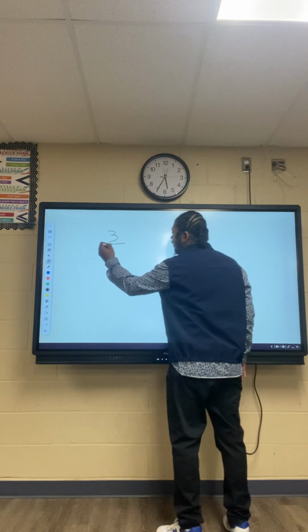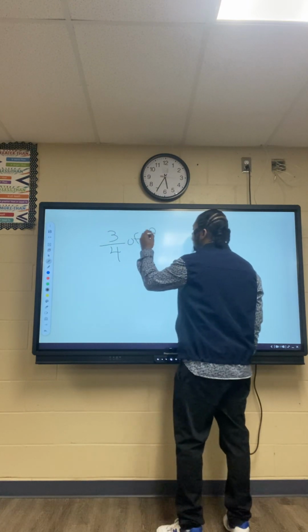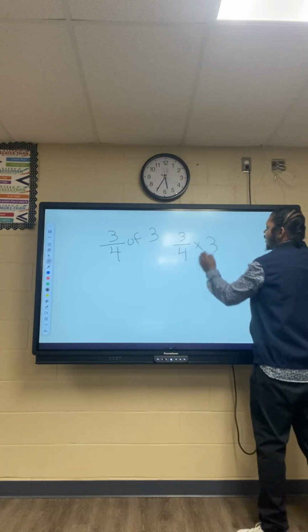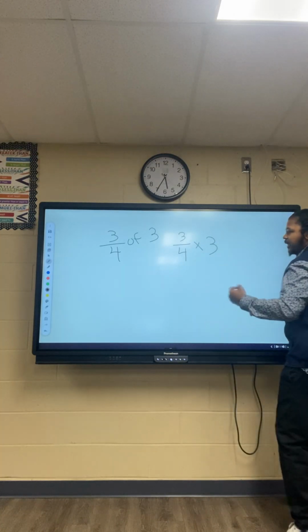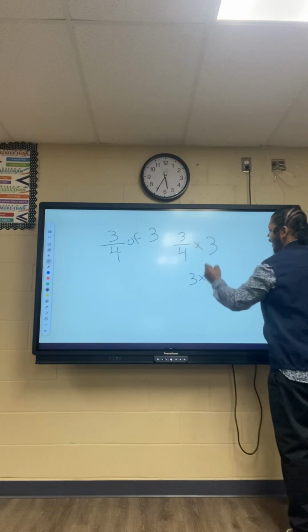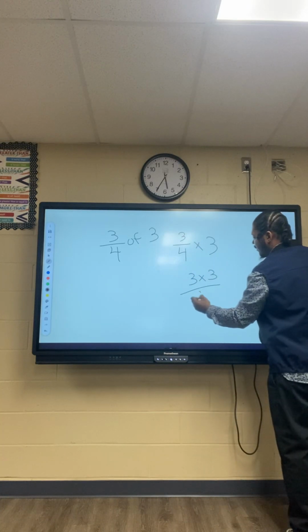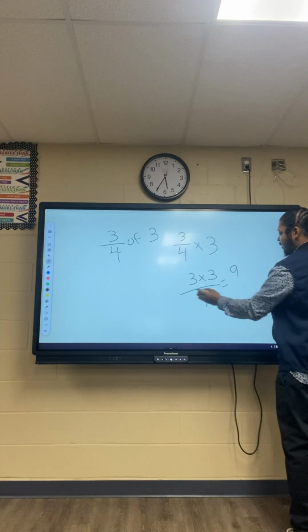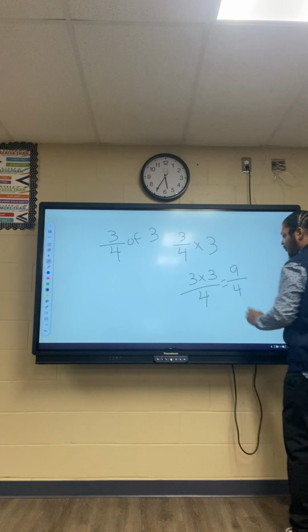So that looks like this, 3/4 of 3 is actually 3/4 times 3, okay? So how we set this up is as we just did on the last one, 3 times 3. We multiply our whole number by our numerator, and then we're gonna divide by our denominator. 3 times 3 is 9 divided by 4, okay?